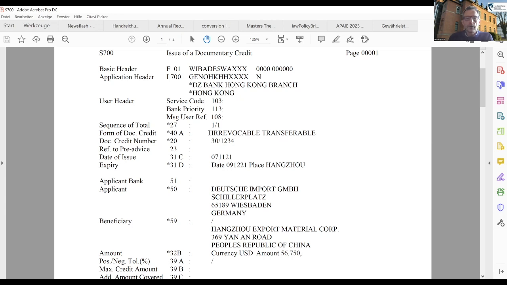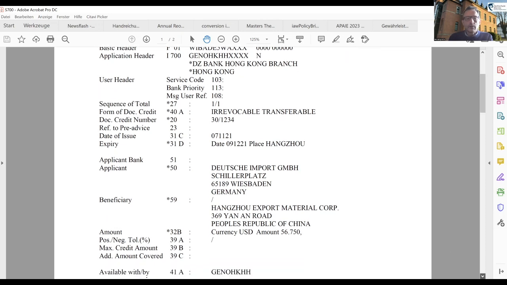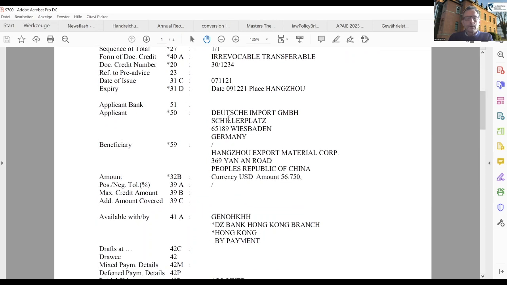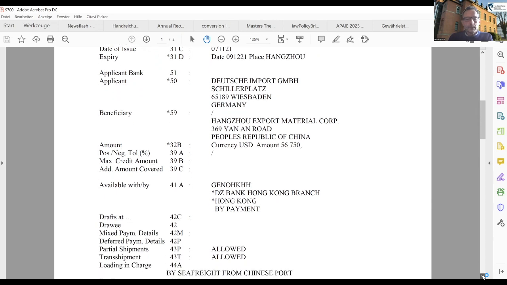It's irrevocable; it can't tell the other party, oh, something changed, we don't want to guarantee anymore. No, it's irrevocable. Then here are some dates, and the name of applicant, name of beneficiary, and so on.